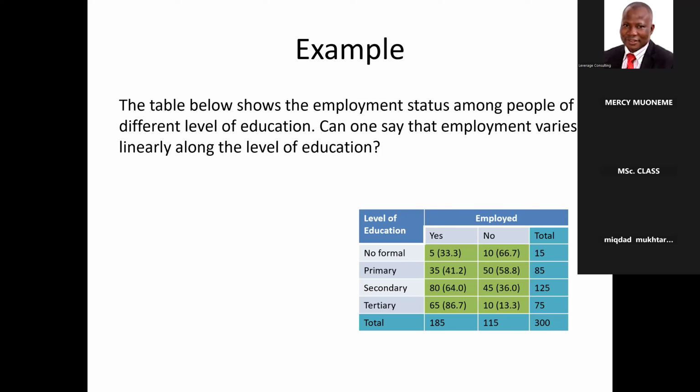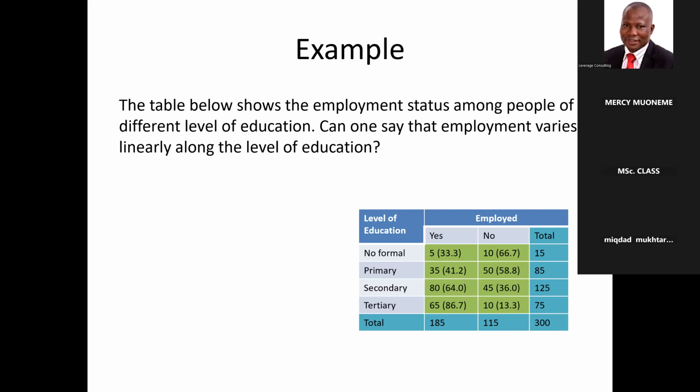So now, with the level of education, can you see the employment? You can see that 3.3% of people with no formal education are employed, 41.2% of primary education are employed, 64% of secondary employed, 86.7% of tertiary employed.